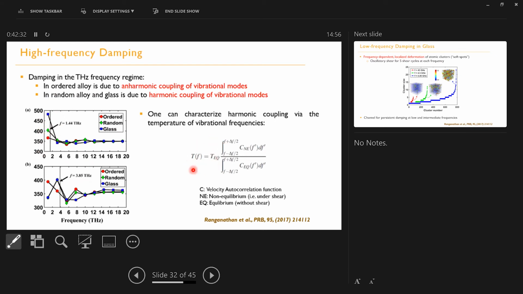There is a way to calculate it from our MD simulation. We see that those phonon modes are excited. Basically, the energy is going into those phonon modes, okay? And they are the ones responsible for damping at that particular frequency. Okay? So we could clearly show that the phonon modes are excited.